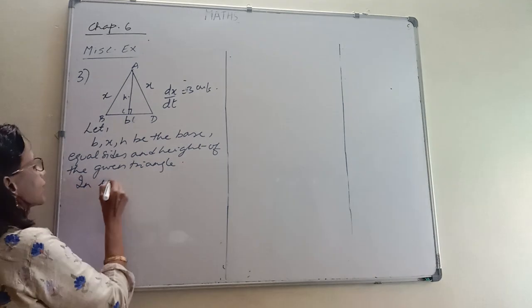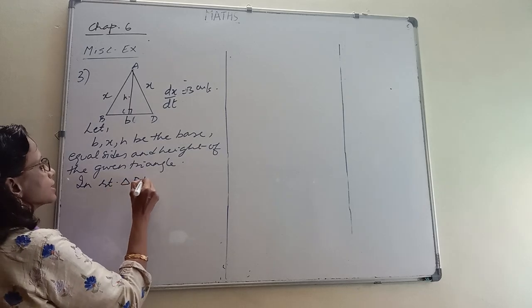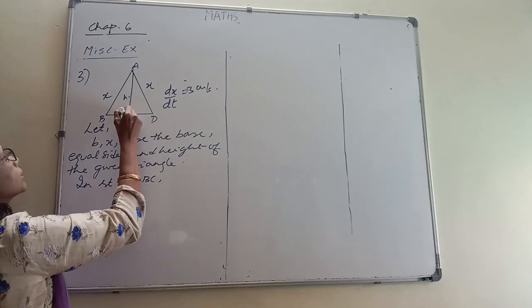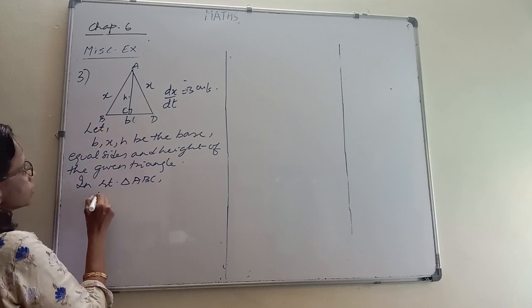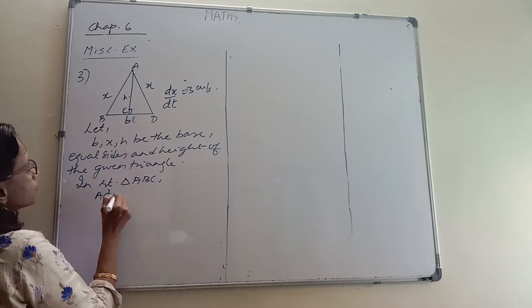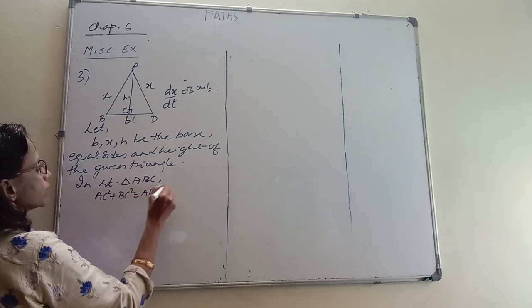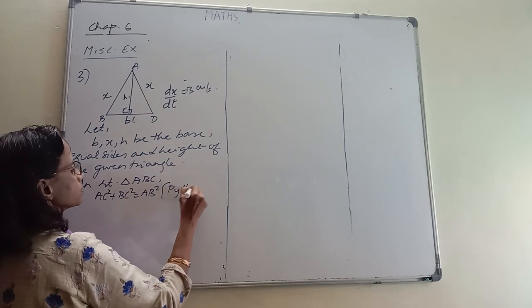So in right triangle ABC, what happens? We have AC squared plus BC squared equal to AB squared, by Pythagoras theorem.